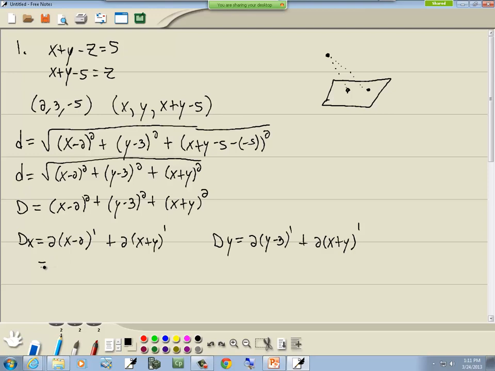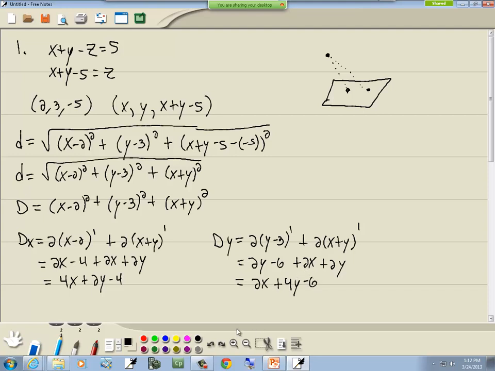So this gives us 2x minus 4 plus 2x plus 2y, which gives us 4x plus 2y minus 4. And this one, 2 times y is 2y, 2 times negative 3 is negative 6, plus 2x plus 2y, which gives us 2x plus 4y minus 6.